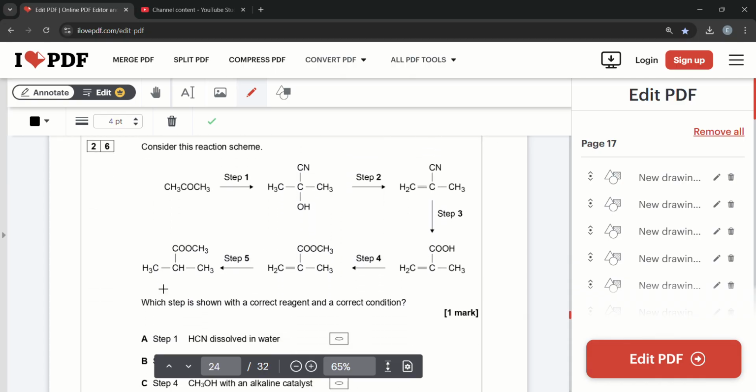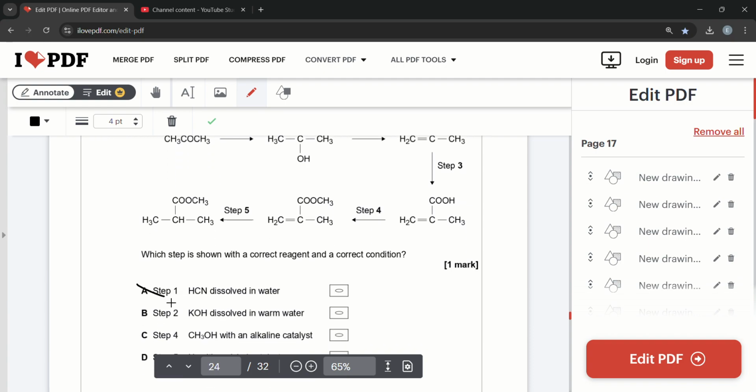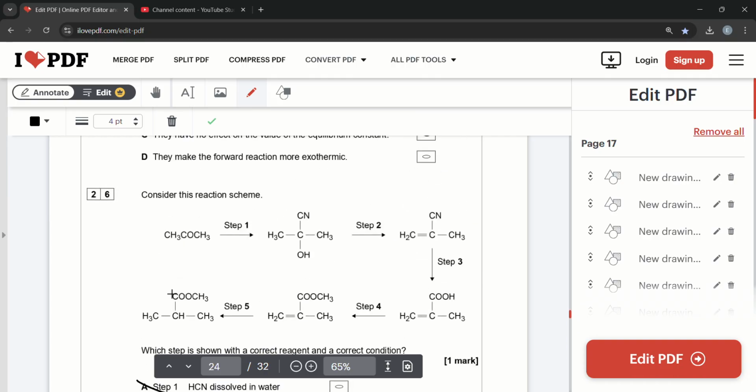Consider this reaction scheme. Which step is shown with the correct reagent and the correct condition? So step 1, HCN dissolved in water. No. Ethanolic potassium cyanide? No, it's not that. Potassium hydroxide dissolved in warm water. Step 2. Yeah, but then why are we forming a double bond?